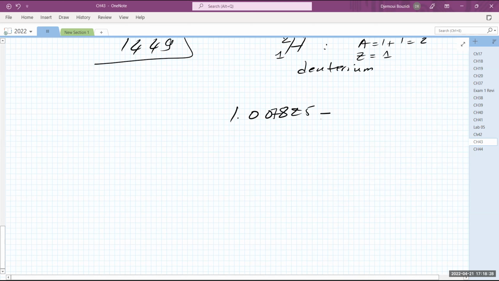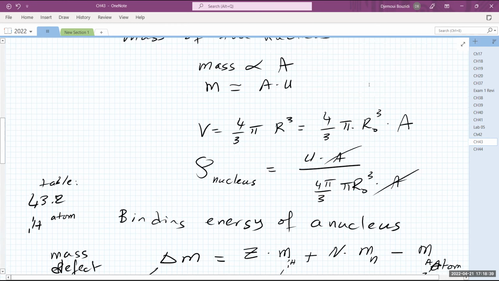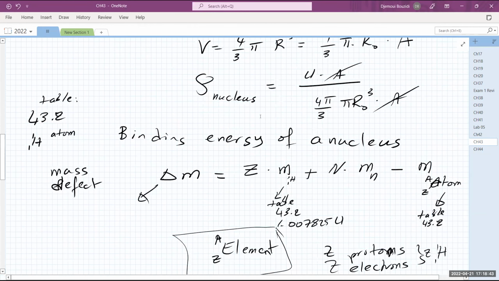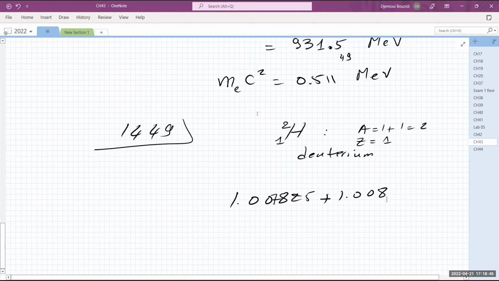The mass of the neutron, I wrote it up in there, which is 1.008665, minus the mass of the actual deuterium. The deuterium is actually 2.014102.